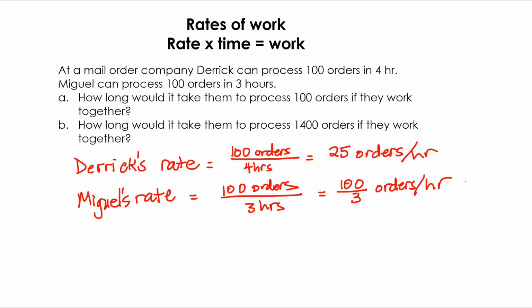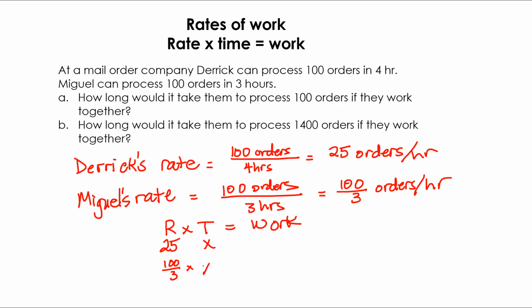All right, and it's asking how long would it take them working together to process 100 orders. So remember, rate times time equals work. And so we have Derek's rate, which is 25 orders per hour, so 25. And his time, we don't know what it is. That's what we're looking for. And then Miguel's rate is 100 over 3. And his time is going to be the same as Derek's.